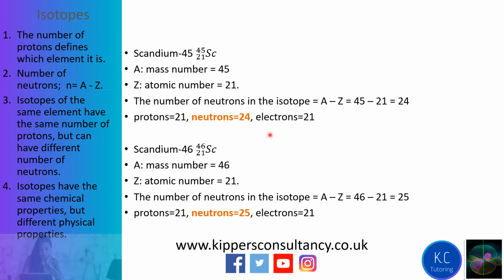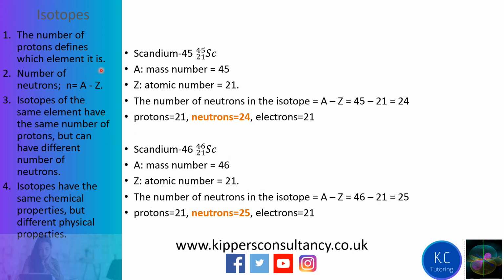The number of electrons is the same as the number of protons in both cases. Since scandium 45 and 46 have the same number of electrons, they have the same electron configuration. This means they have the same chemical properties, but because they have a different number of neutrons, they have different physical properties.